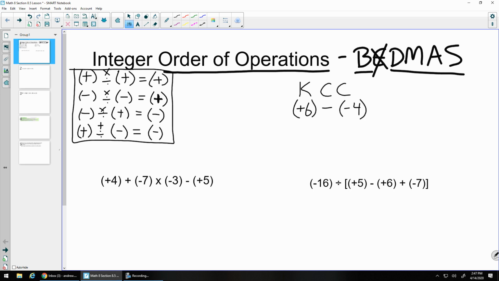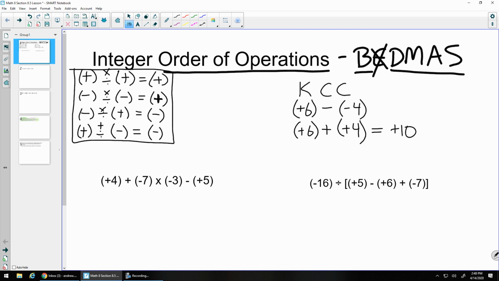I could keep the first one, keep it as +6, change my subtraction to addition, and change my last digit to be the opposite. So it was -4, so now it's +4. Keep, change. And when I do that, I get addition, which is usually a little bit easier, and both are positive, so it's easy to see that that is a +10. So because of keep, change, we say subtracting a negative is the same as adding a positive.